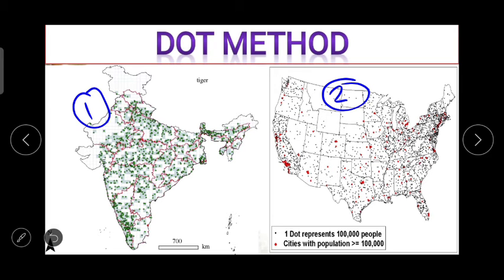The way a variable is distributed throughout the region, the dots are used to show its distribution on the map.